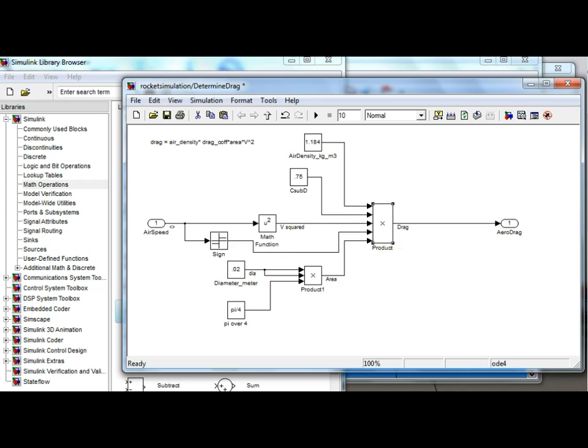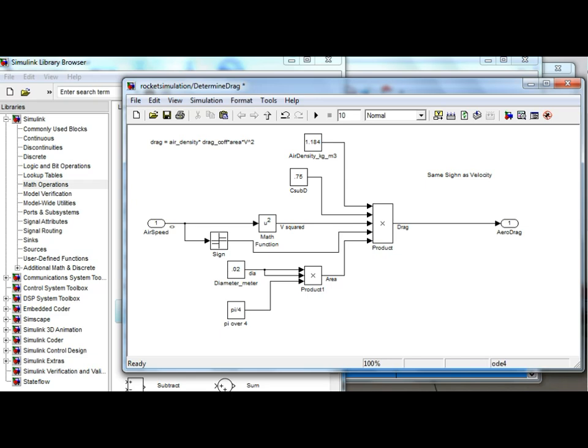And now I have preserved that sign information. So my drag coming out of here will have the same sign as the velocity. Okay? And I misspelled that, but I'm not going to waste time.